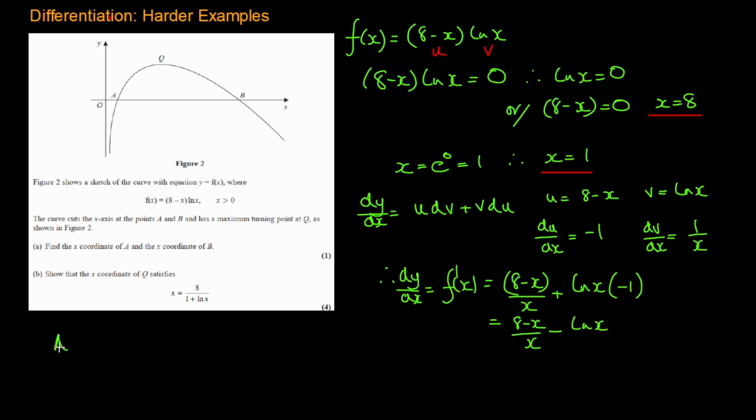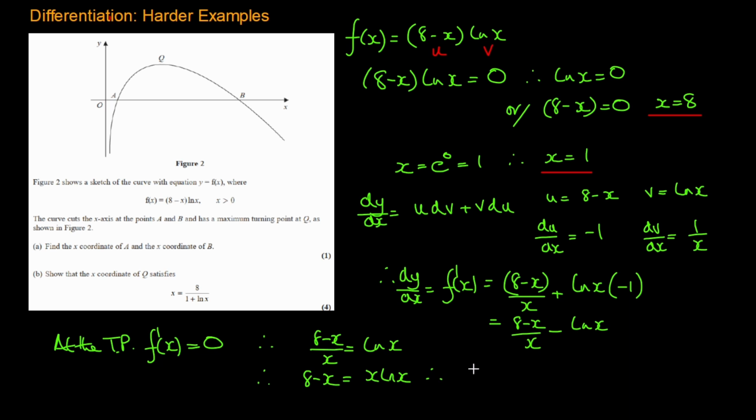So coming over here, at the turning point, f'(x), our differential function, equals 0. Therefore, we get that (8 - x)/x is equal to ln x. Let's multiply across by x, and I get that 8 - x is equal to x ln x.